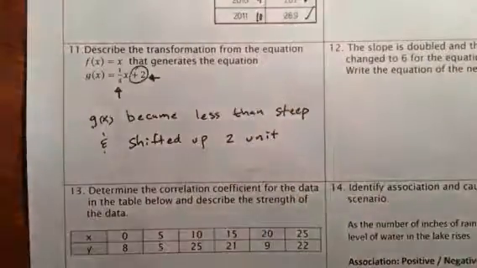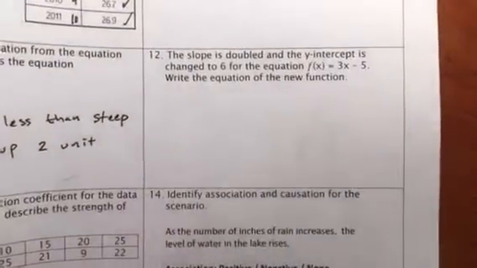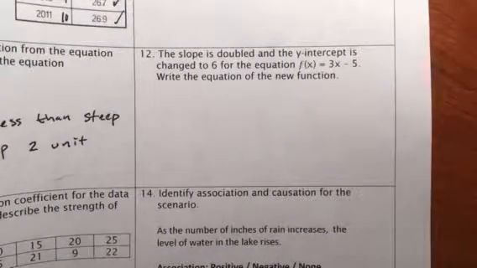Alright, so let's read number 12. So you have a slope. The slope is doubled, and the y-intercept is changed to 6 for the equation f of x equals 3x minus 5. Write the equation of the new function.